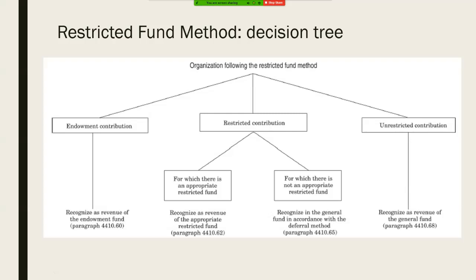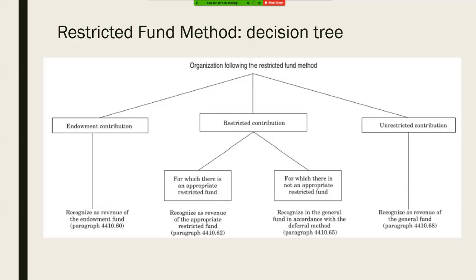Later on, when the related expense is incurred, the deferred contribution liability is reversed and a related contribution revenue is recognized. This is basically the functioning of the deferral method. So the blurb here, recognize in the general fund in accordance with the deferral method, is where a restricted contribution is received, but there is no appropriate restricted fund available.